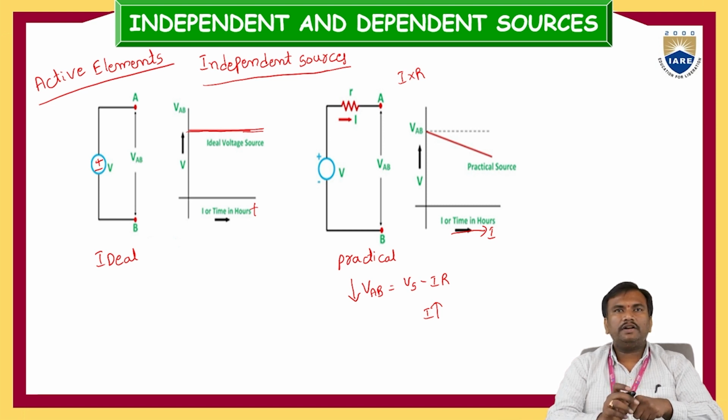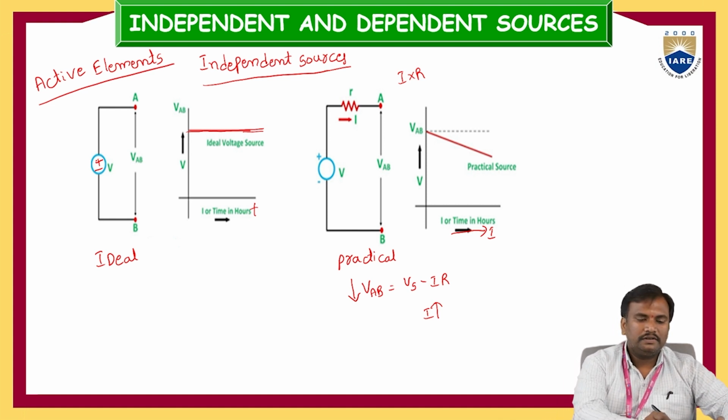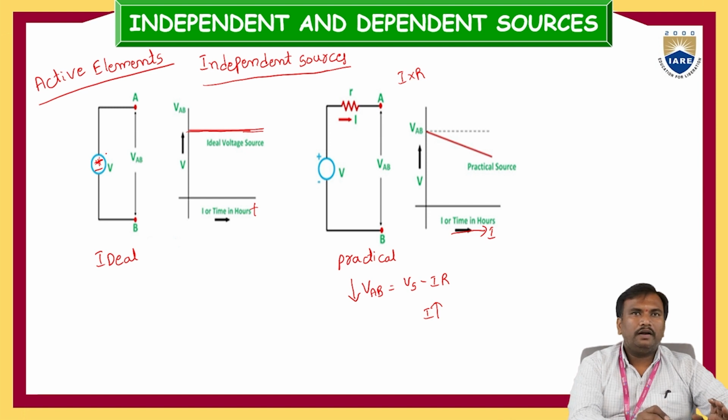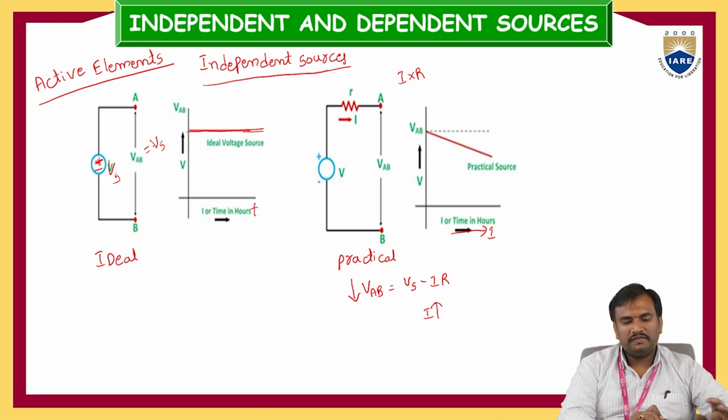In the ideal voltage source, the voltage Vs magnitude, the VAB value, at any time or any change in current, will be the same as Vs.